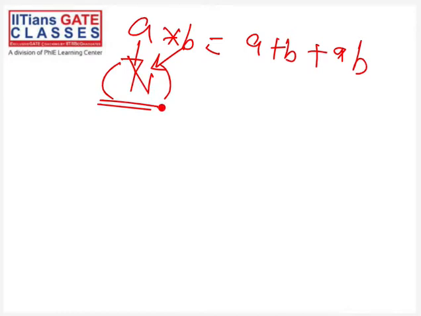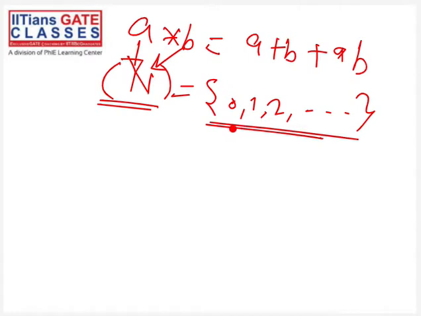This is our base set and this star is the operation. Tell me whether there is an identity element for this star operation or not. Also, let me tell you that this natural number set is nothing but 0, 1, 2, and so on. We have already seen that I include 0 in the natural number set. Anyway, check it out. Is there any element which is identity element for star operation?